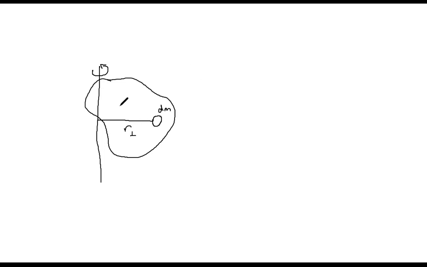And so the moment of inertia total for this continuous distribution is simply going to be the sum, which in this case will mean an integral, of the perpendicular distances squared integrated over all the pieces of mass.